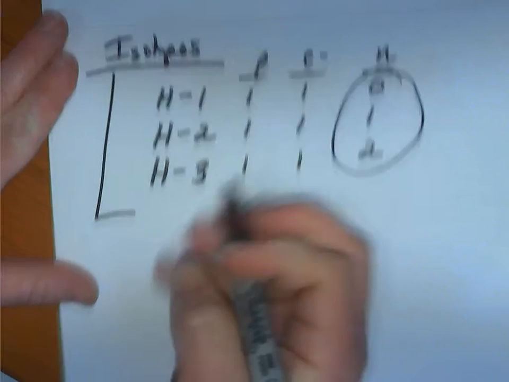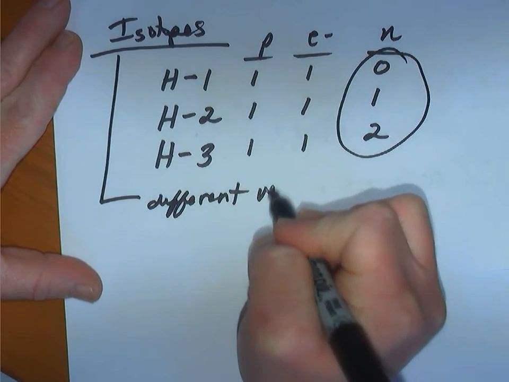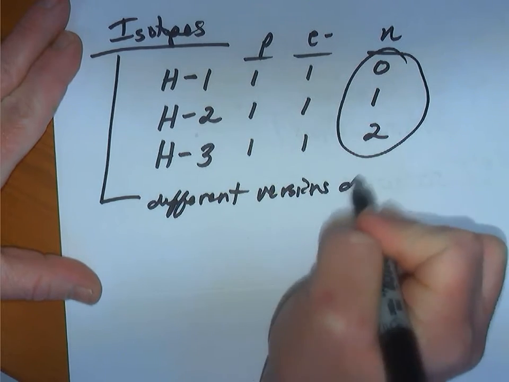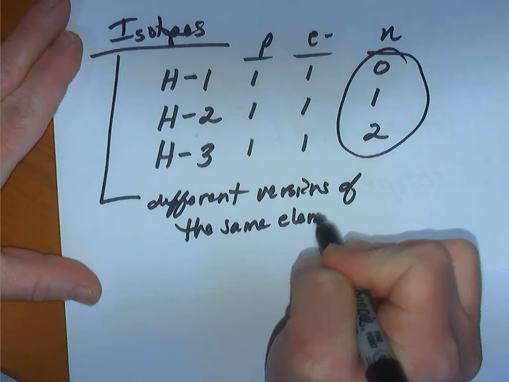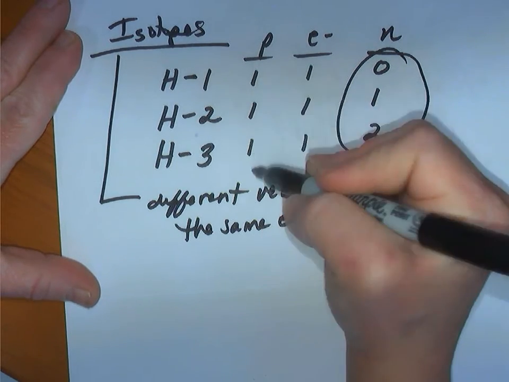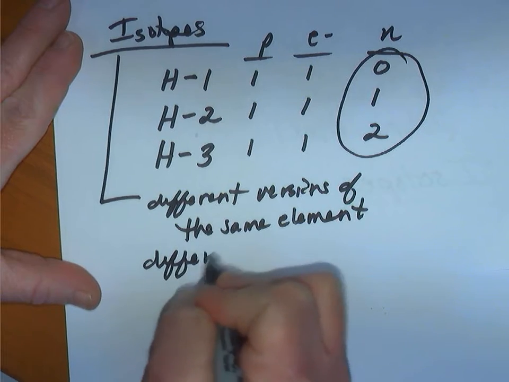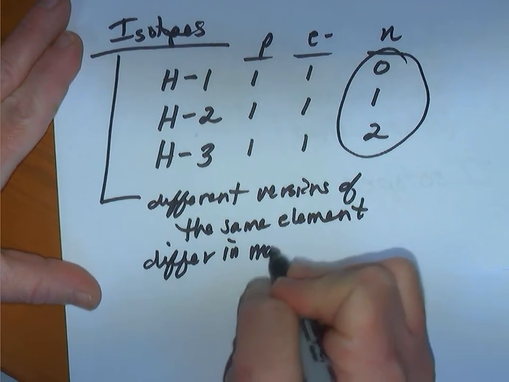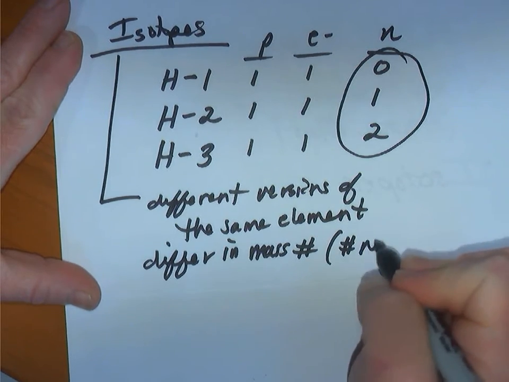So isotopes are different versions of the same element. So they will have identical atomic numbers. That's what gives identity. They differ in their mass number, or their number of neutrons.